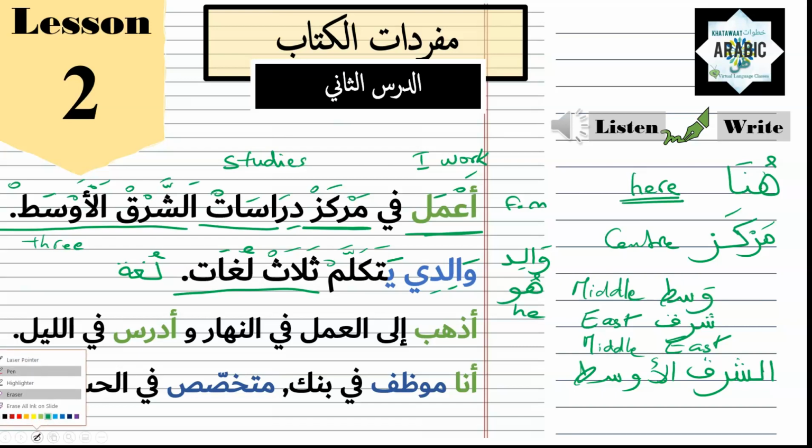Let me put the dot right on this, that way it doesn't confuse you. لغة is language, so when you're saying languages, it's لغات. This word is feminine. 3 لغات, 3 languages. My father speaks 3 languages.